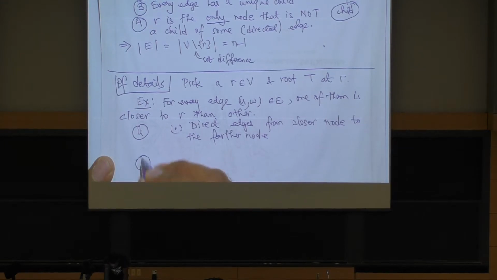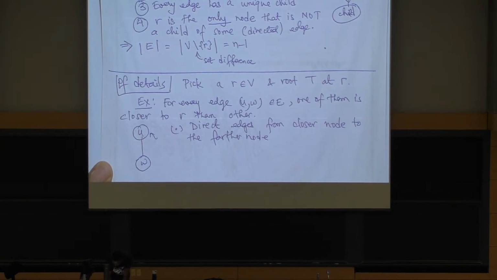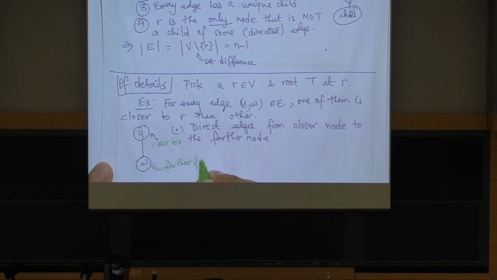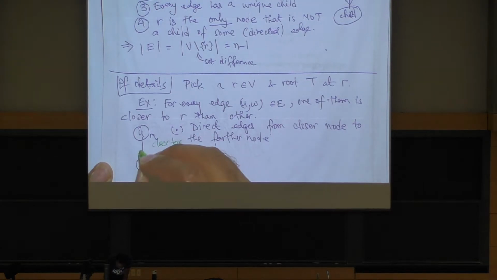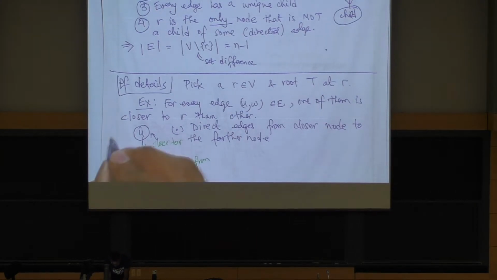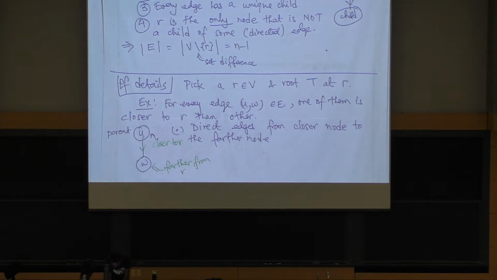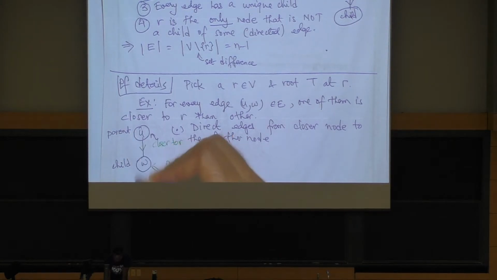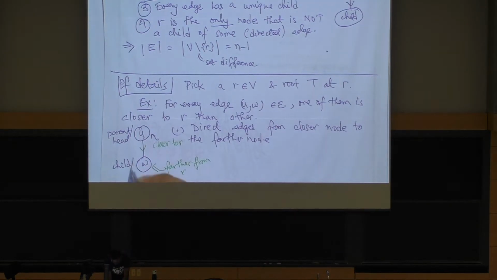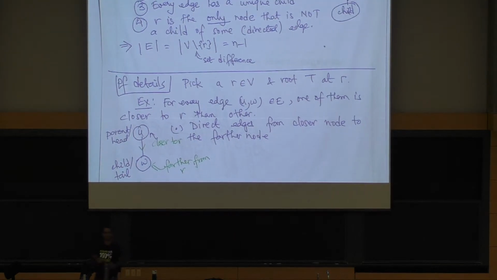So for example, if you had an edge UW, and let's say U was closer to R and W was farther from R, then we're going to orient the edge from U to W. As I said before, this would be called the parent. This would be called the child. It turns out once you direct the edges, you can also call this the head, because that's where the arrow is starting from. And this is the tail. Yes, I'm going to interchangeably use parent and head and tail and child.